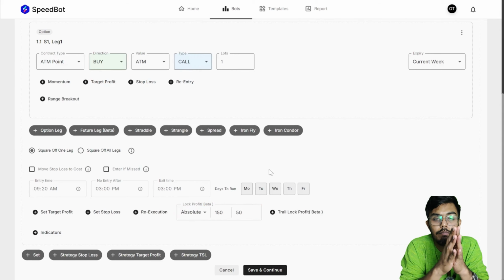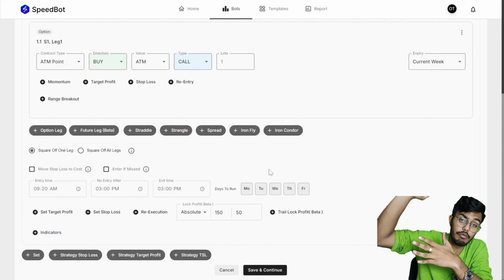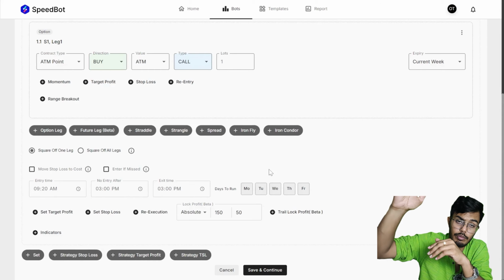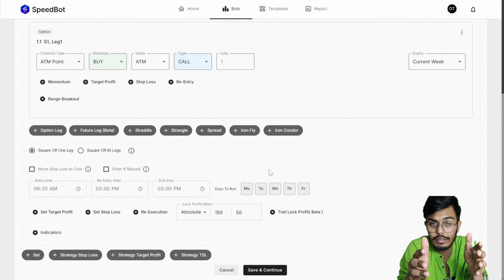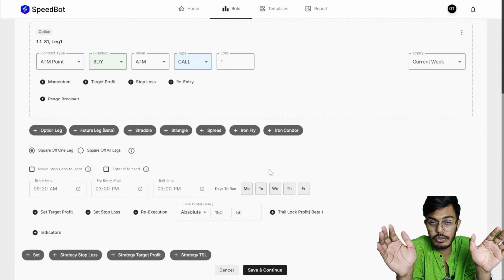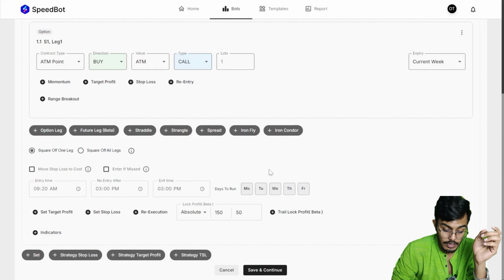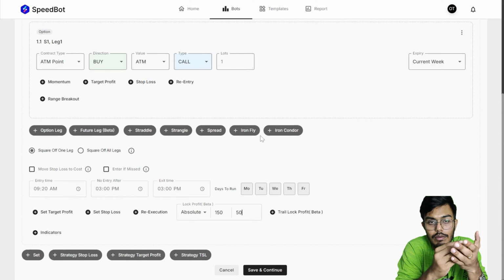So if I buy an option contract at maybe 100 rupees, and it moves up by 150, so currently it is trading at 250 rupees, now the algo will automatically lock. Mind you, the lock means that it won't be exiting the position, but it will be locking a particular amount, that is 50 rupees from my entry price. So it means that it will be locking the profit at 150.